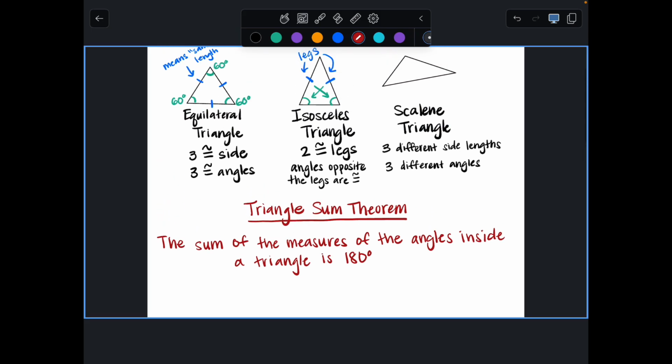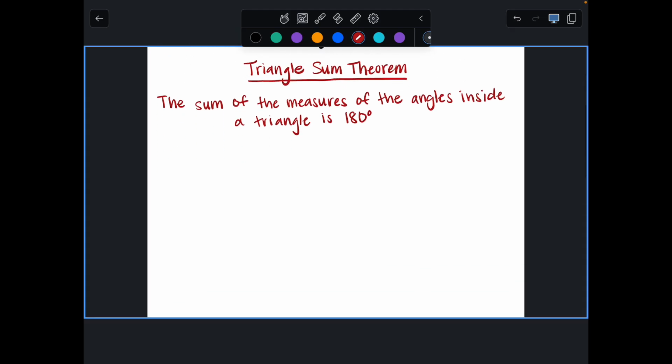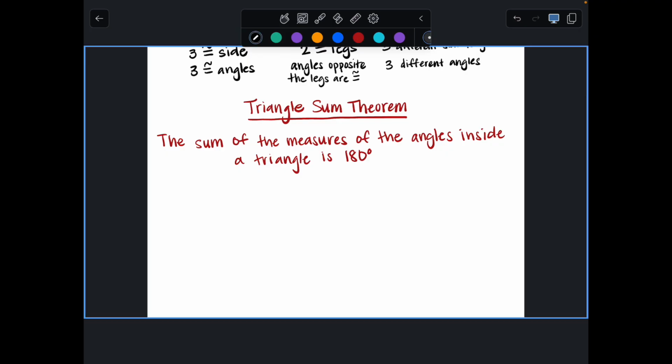So that's why we know that when we have an equilateral triangle and all three angles are the same, 180 divided by 3 is 60. So we're going to be using that today.